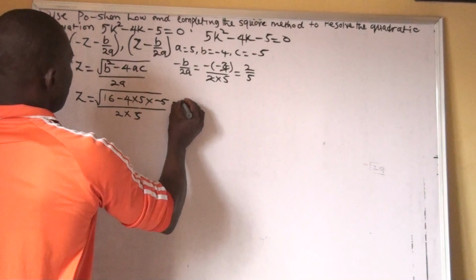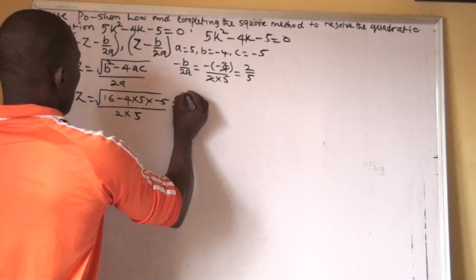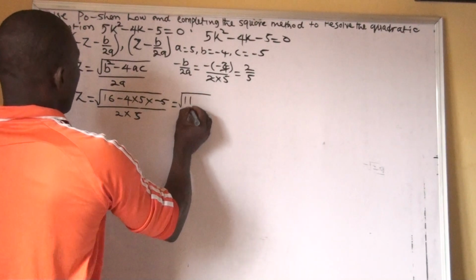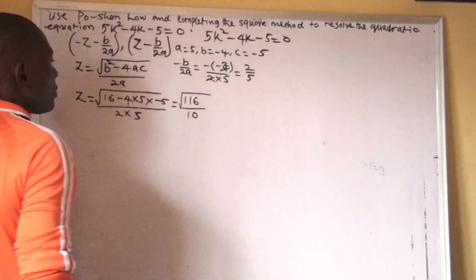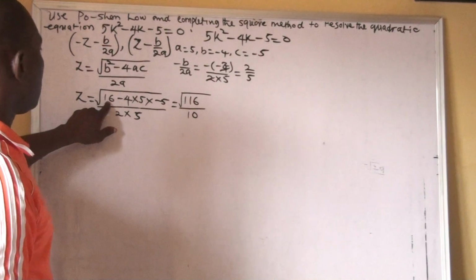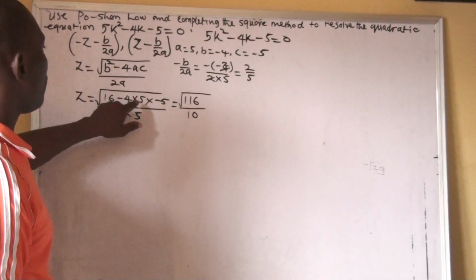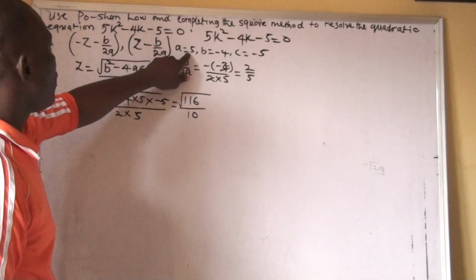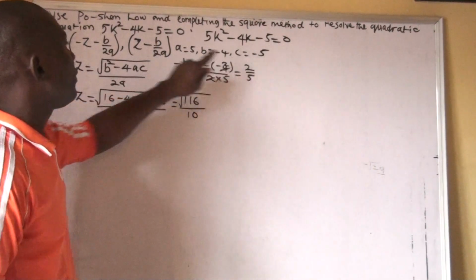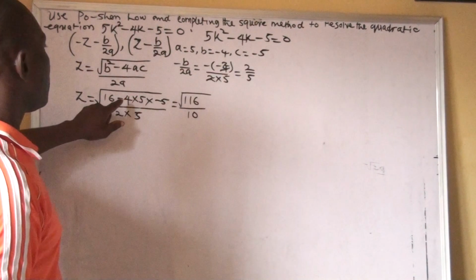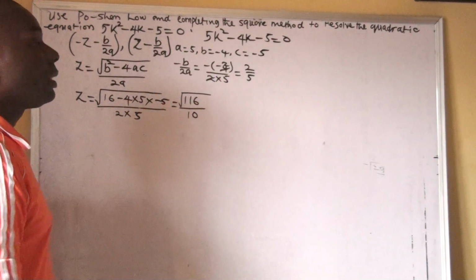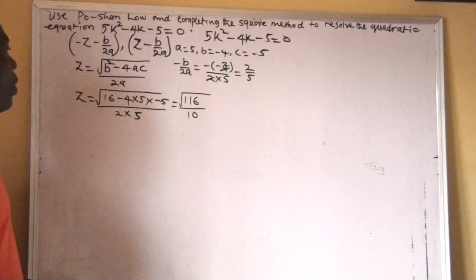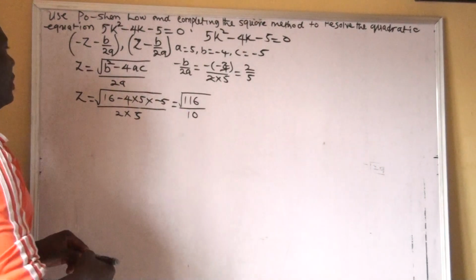So we get the square root of 116 over 10. Checking 16 minus 4ac: 5 times 5 is 25, 25 times 4 is 100, plus 16 gives us 116. That's the value of z.